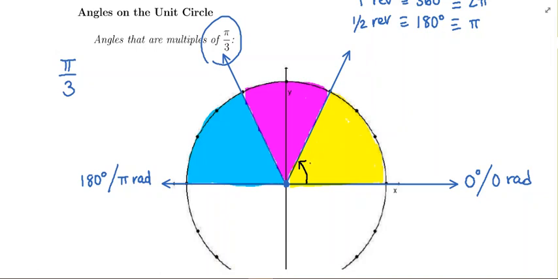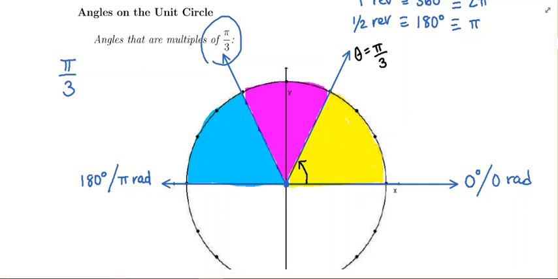So this angle right here is pi over 3 radians, because we went the length of basically the entire pi divided by 3. The particular angle where the terminal side leaves off is an angle of pi over 3 radians.